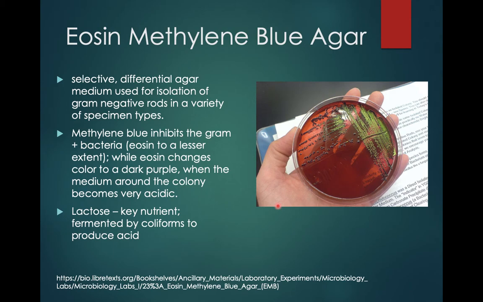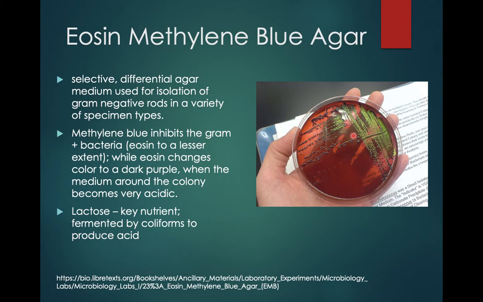Here you can see that we can expect these colonies to be gram-negative rods, most likely coliforms, with a metallic sheen and dark purple coloration. The contents of the medium also facilitate the visual appearance. Methylene blue inhibits gram-positive bacteria. Eosin changes color to a dark purple, especially when the medium becomes very acidic.